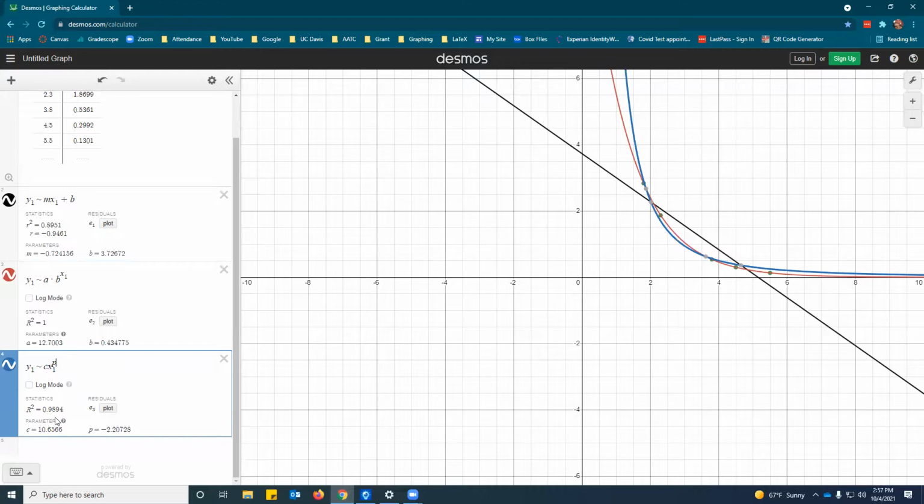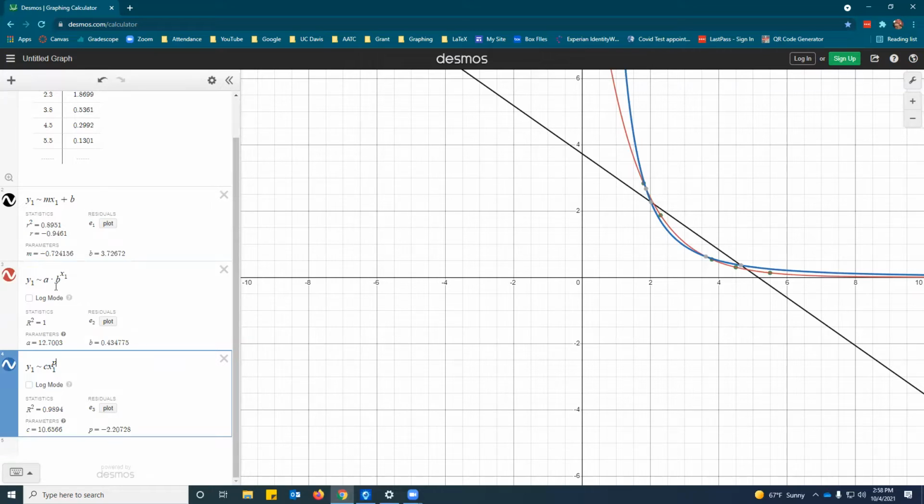But here's what I would say. If you're ever trying to test data and see if it's linear or semi-log linear or log linear, what you want to do is do these 3 things. Sorry, I know you can't see what my fingers did. And whichever one has the highest r squared value, that's the one it is actually coming from.